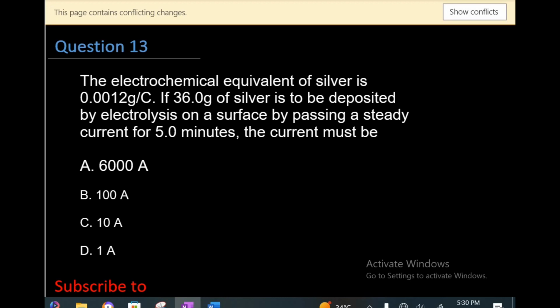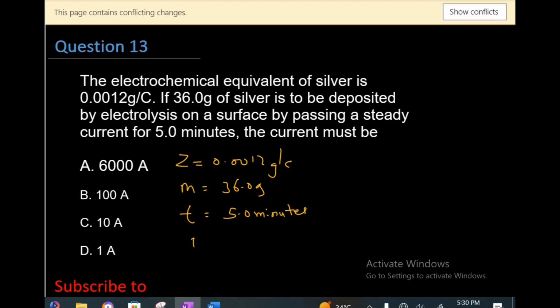The electrochemical equivalent of silver is represented by Z, equal to 0.0012 grams per coulomb. Then we have the mass as 36.0 grams. Then we have the time as 5.0 minutes.